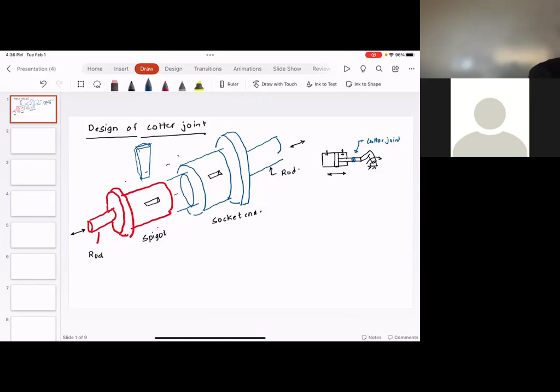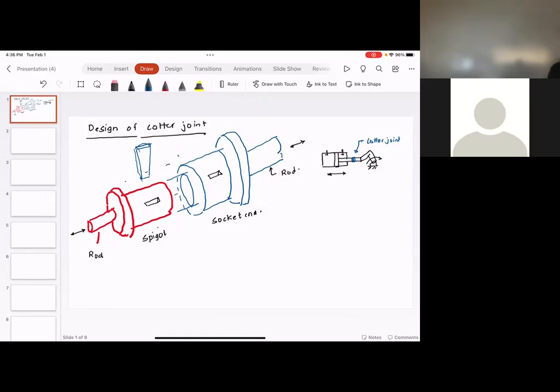So how do we design a quarter joint? Designing the quarter joint means finding out all the important dimensions of this joint. So I'm going to give you a step-by-step recipe for designing of quarter joint. And then if you want, I can work out an example.